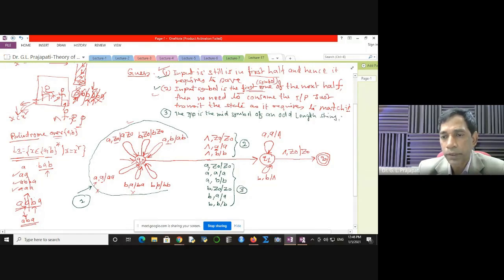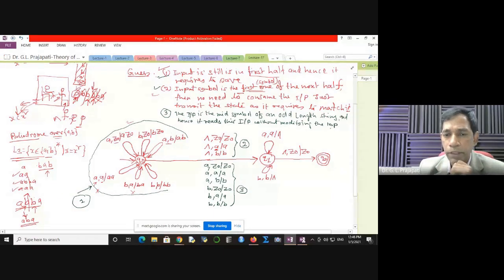Okay, and hence it reads this input without modifying the top and changes the state.